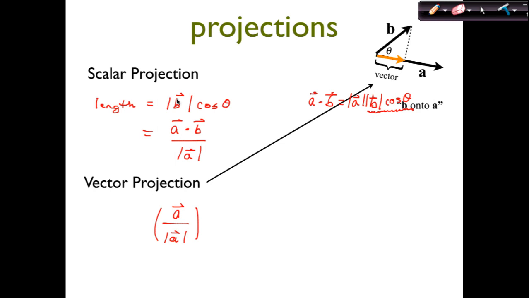Okay, which is the same as the length. Let's use what we found. We want to scale it by magnitude of B cosine theta, but we're going to scale it using this version of it. So we're scaling the unit vector in the direction of A by the amount of the scalar projection.